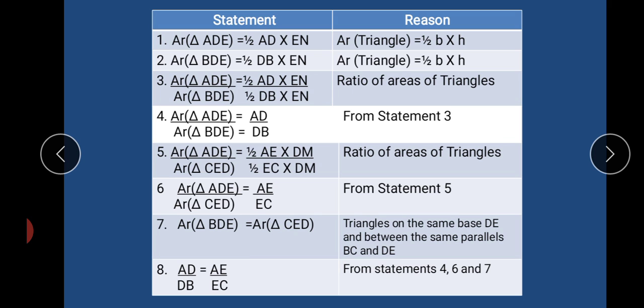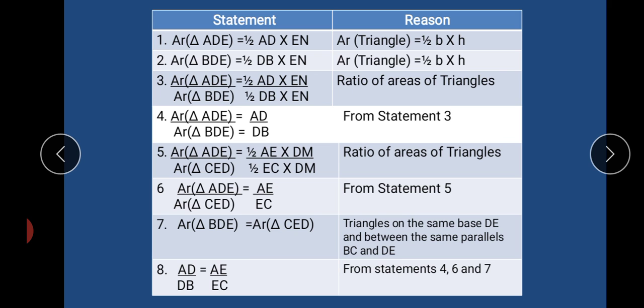To prove these two ratios are equal, we go to the left hand side. On the left hand side, the numerators are the same, area of triangle ADE, and in statement 6 also it is area of triangle ADE. The denominators, area of triangle BDE and area of triangle CED, are also equal because they are on the same base DE and between the same parallels BC and DE.